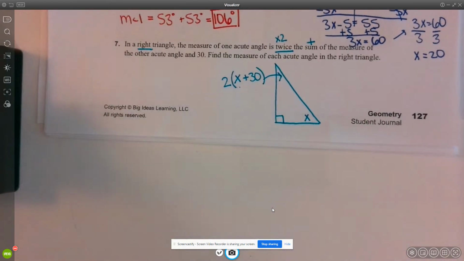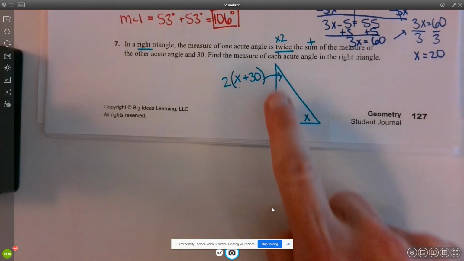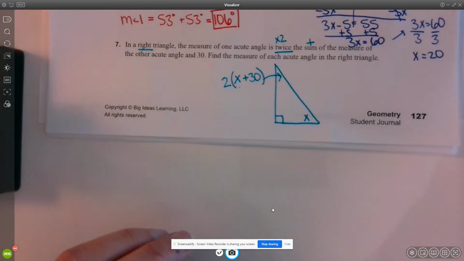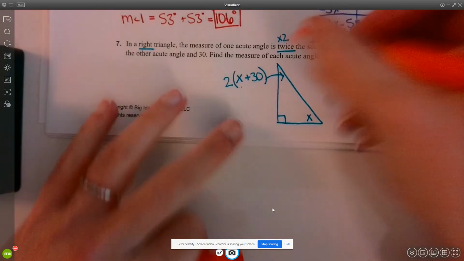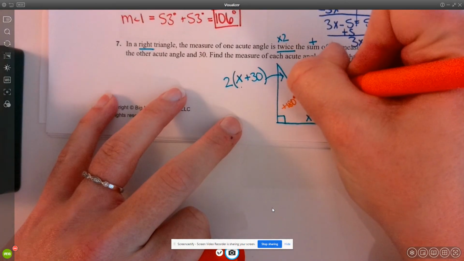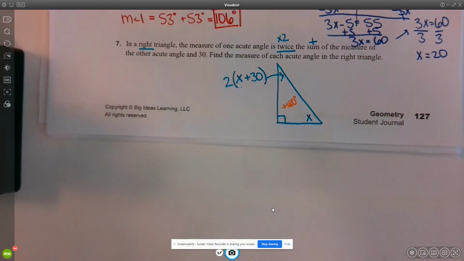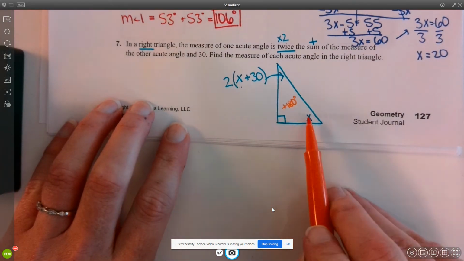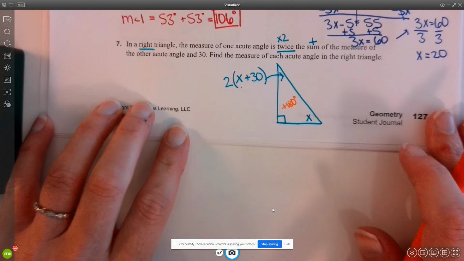So I have to ask myself, what do I know about the interior angles of a triangle? And we learned in this lesson that the 3 angles in a triangle always add up to 180 degrees. Well, that will help me write an equation. This plus this plus this equals 180 degrees.